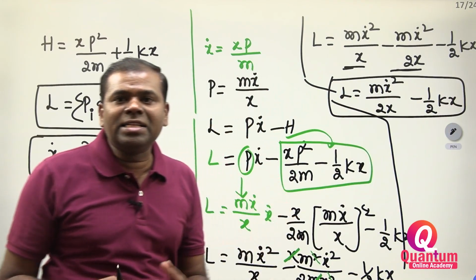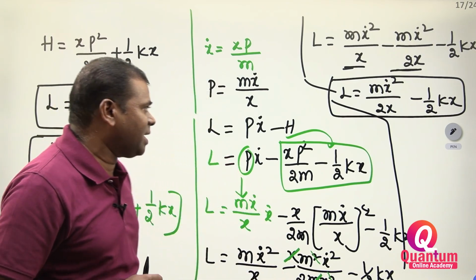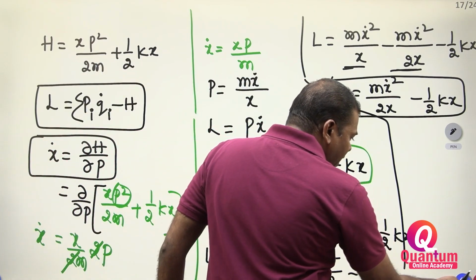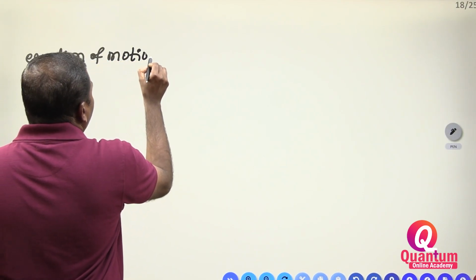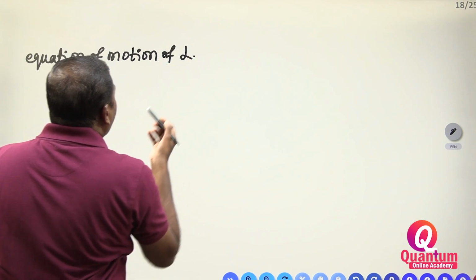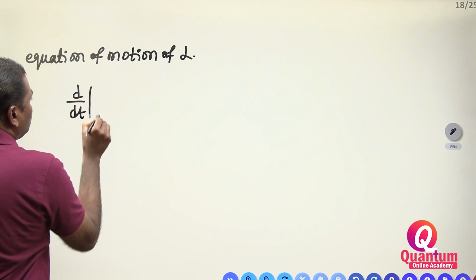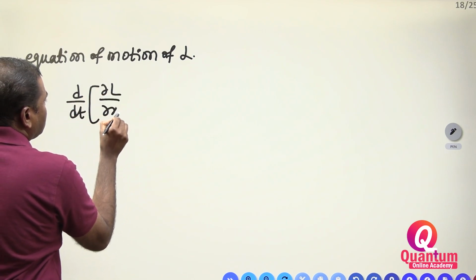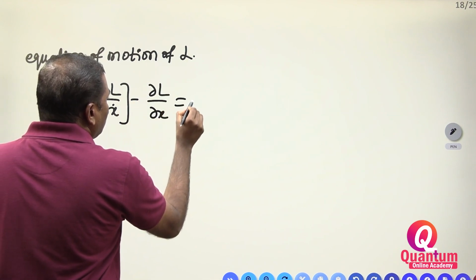If you know the Lagrangian, what are they asking? The equation of motion of a Lagrangian they are asking. How do we calculate the equation of motion? d/dt(∂L/∂ẋ) − ∂L/∂x = 0.